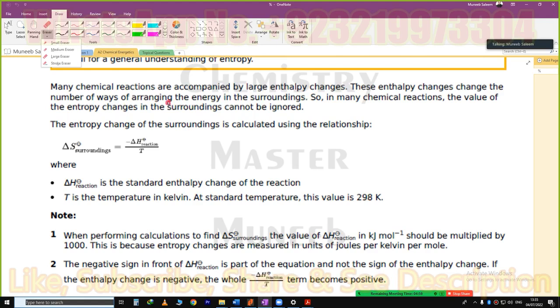Do not confuse this with STP. STP means standard temperature and pressure. What is the value for standard temperature and pressure?